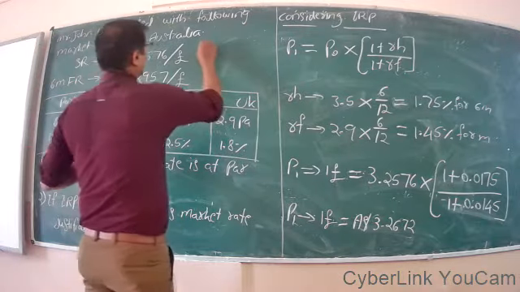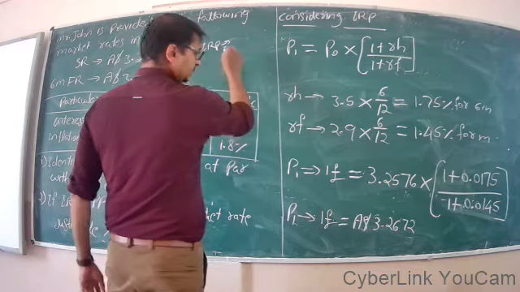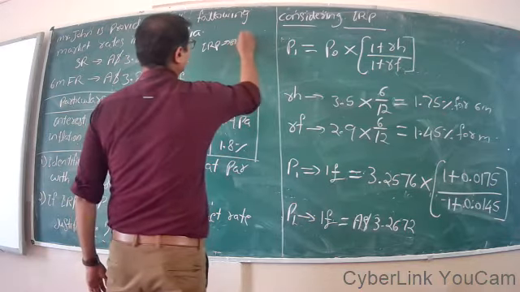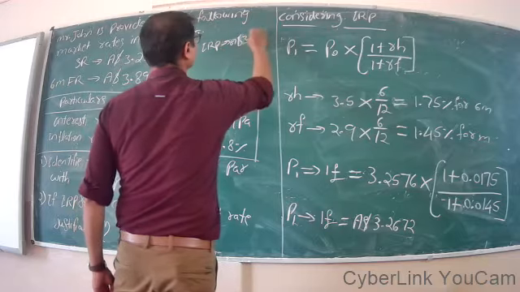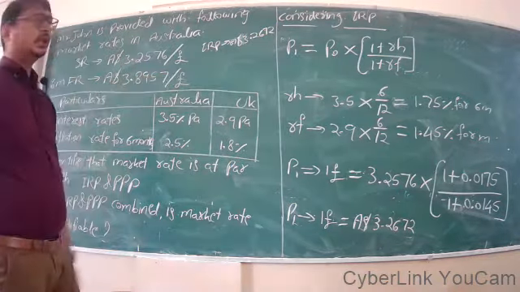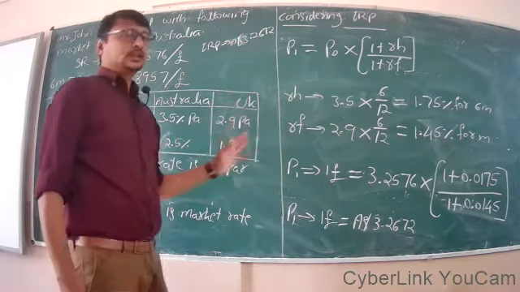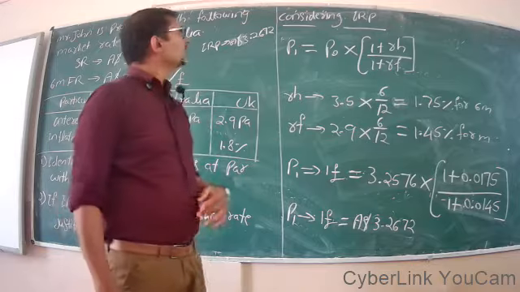So according to IRP, you have got Australian dollar 3.2672. So we have calculated the new exchange rate considering interest rate in both countries, Australia as well as UK.